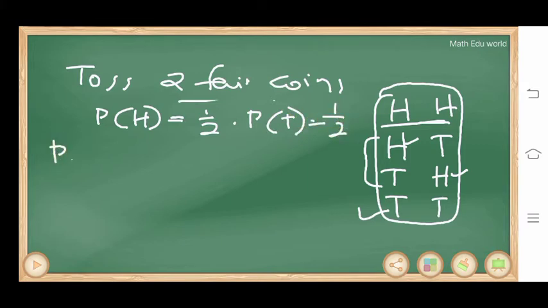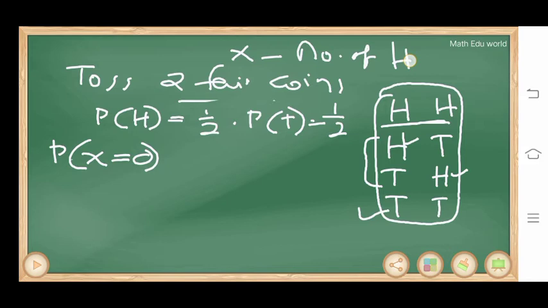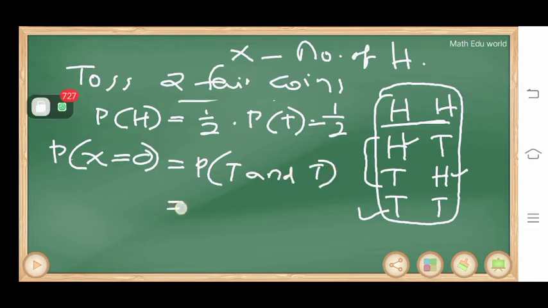When we consider the probability of X equal to 0, where X represents the number of heads, it represents first tails and second also tails, which is probability of tail multiplied by probability of tail.